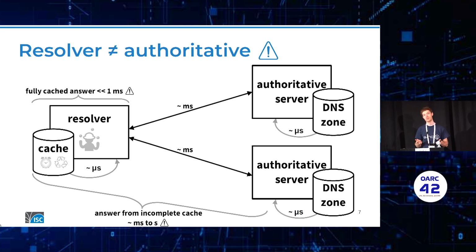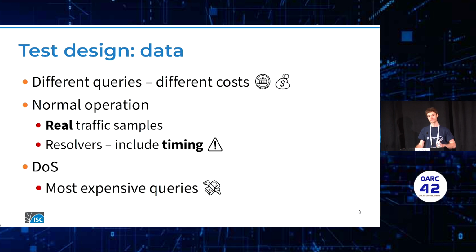And that's a complete nightmare, because one query sent now, the same query sent in 1 second from now, and in 10 minutes from now will have different behavior depending on the cache state and cache cleaning and so on. So resolvers are super hard to benchmark.